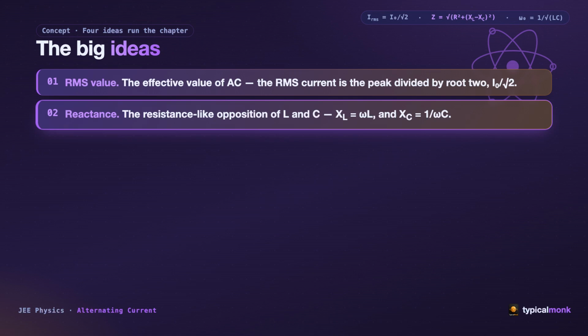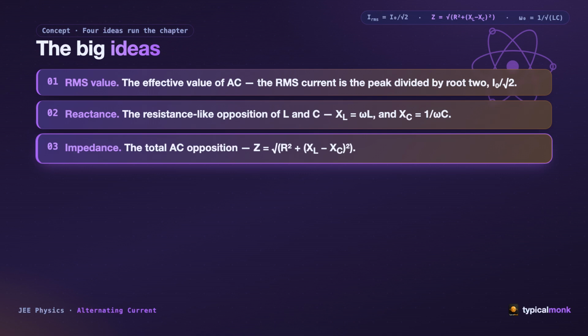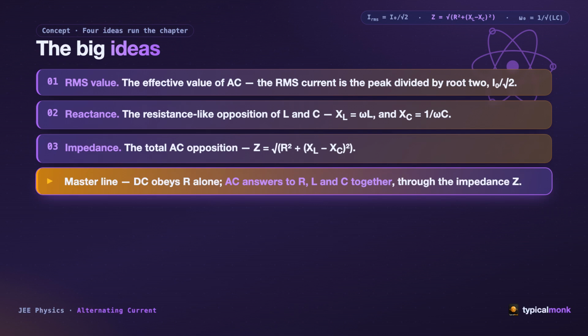Reactance, the resistance-like opposition of an inductor and a capacitor: XL equals omega L and XC equals 1 over omega C. Impedance, the total AC opposition: Z equals the square root of R squared plus (XL minus XC) squared. Master line: AC obeys not R alone. AC answers to R, L and C together, to the impedance Z.